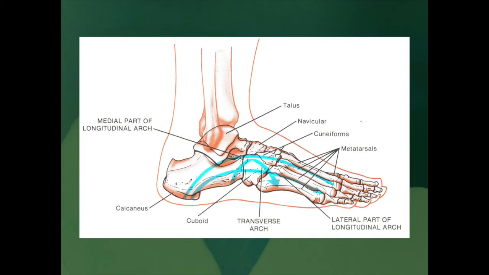And then think about the overall width of the foot if you were to turn this around and look at it from a superior aspect. And then there's this transverse arch formed by the navicular, the three cuneiforms, the cuboid, and the bases of the five metatarsals. And this is itemized or identified on the diagram that's in front of you.